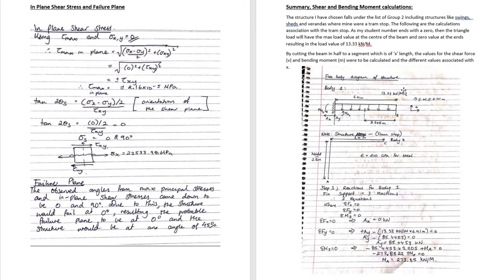Since my student number ended with 0, the max load value was 13.33 kilonewtons per meter, and that multiplied by the length would give the total assumed point load. As it was also made from steel, the value was 210 GPa.